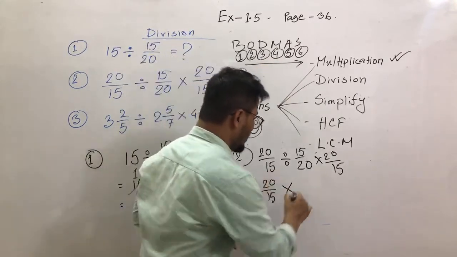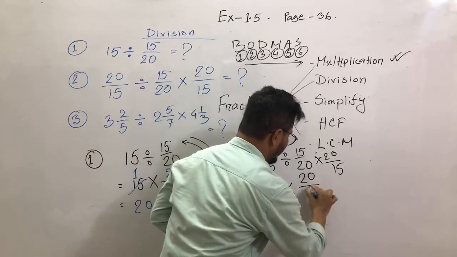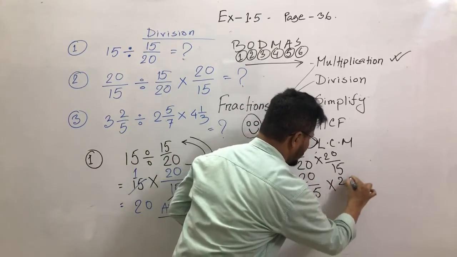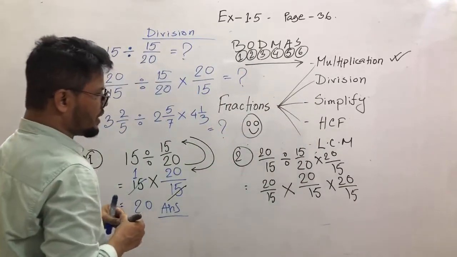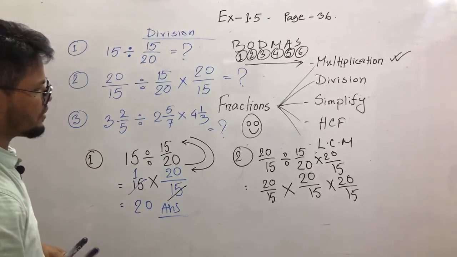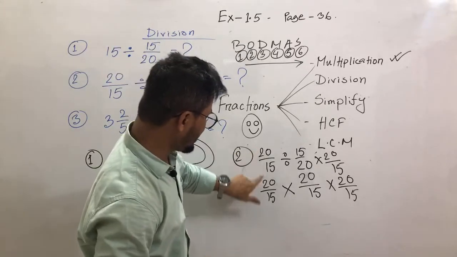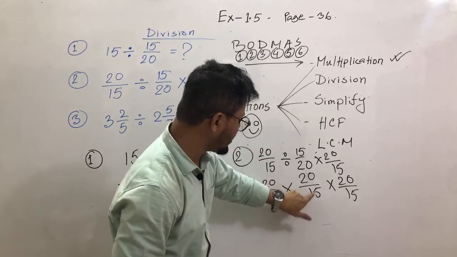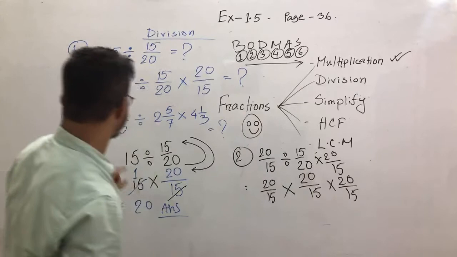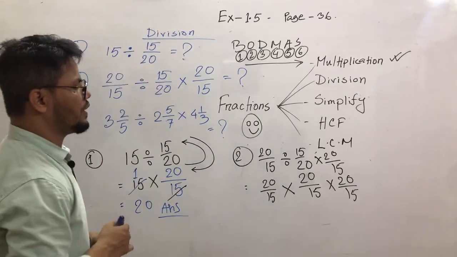So the divide is now 15, this one will be 20 by 15, and there is also 20 by 15. Now if we eliminate this one, what will be the answer? This is 20 by 15, and this is now 20 by 15, 20 by 15.